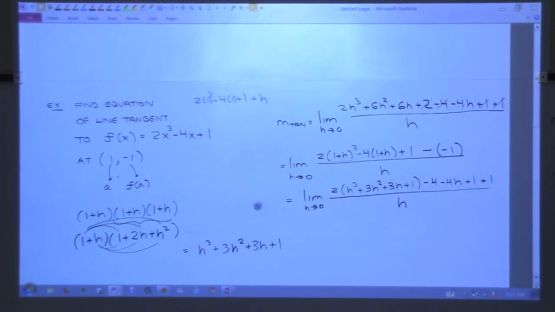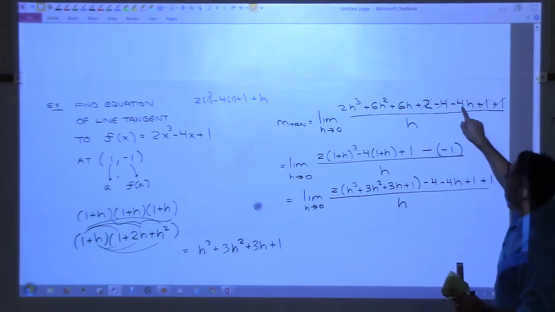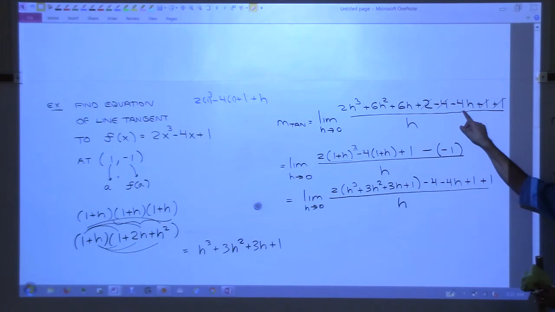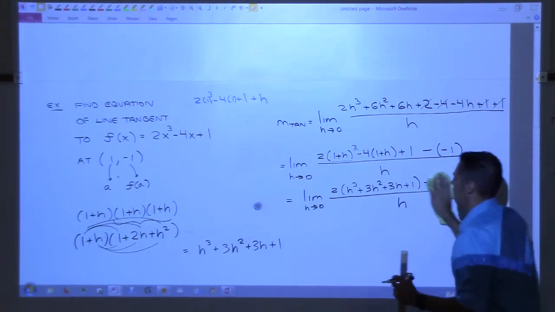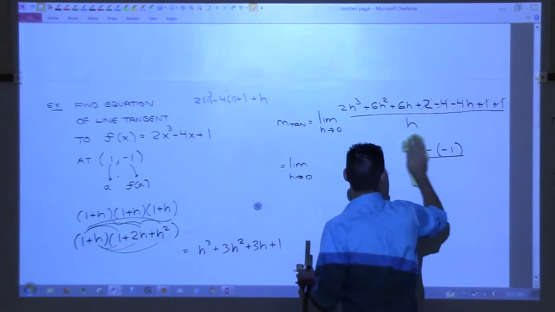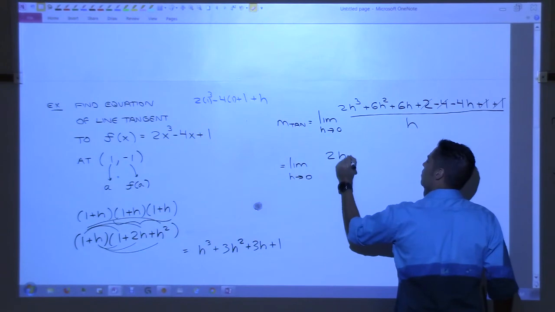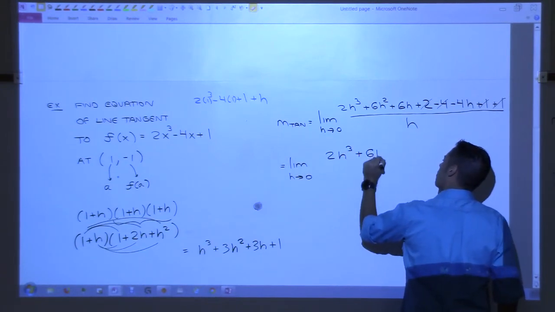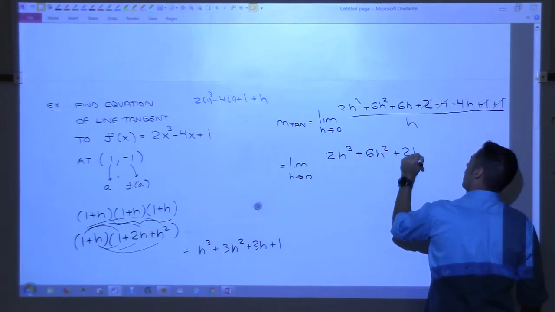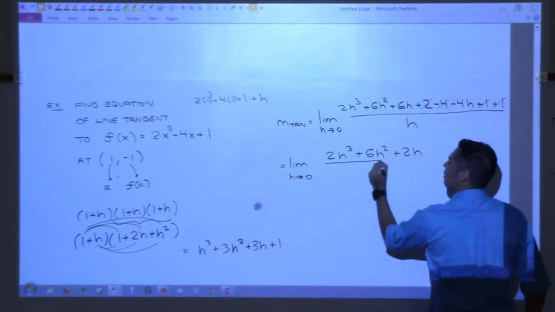And then otherwise, the only other thing I can do is I can put this 6h and take away 4h, and that gives me 2h's, right? So here's where I am now. I have in the numerator 2h cubed plus 6h squared plus 2h all over h.